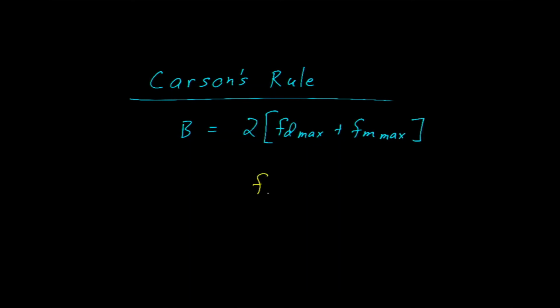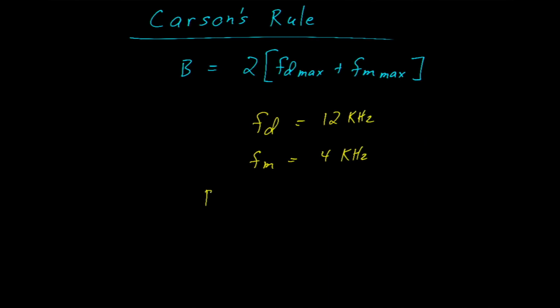Somewhere in these notes, we wrote that a system had a frequency deviation of 12 kilohertz and a maximum modulating frequency of 4 kilohertz. Carson's law would tell us that the bandwidth is 2 by 12 plus 4 kilohertz for a total bandwidth of 32 kilohertz.